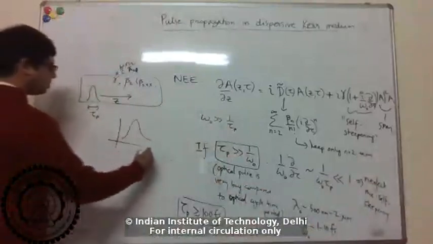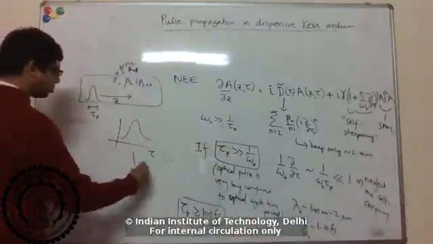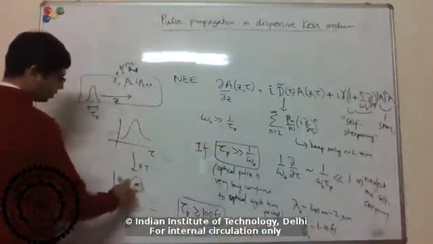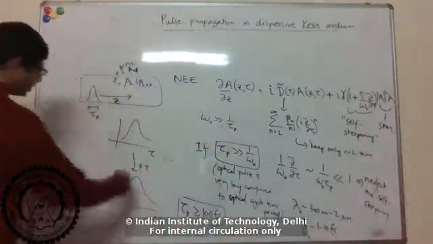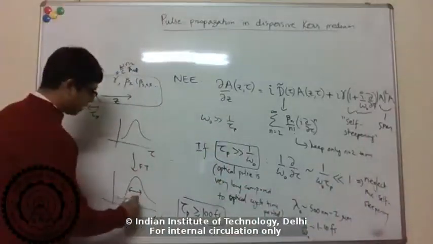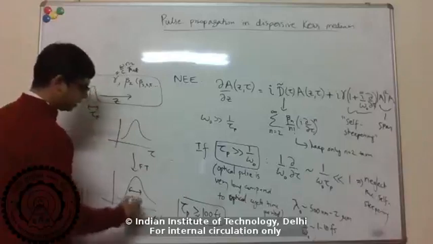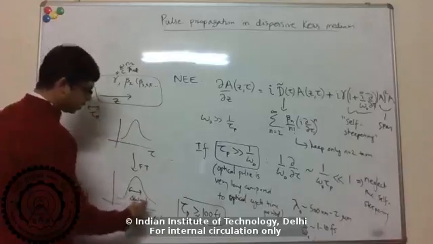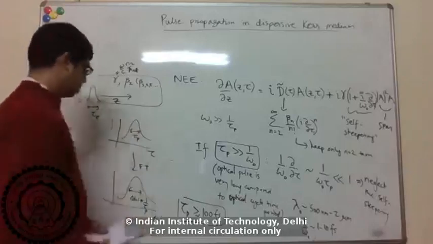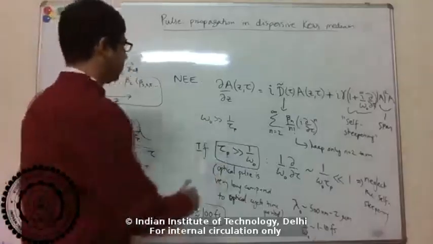Remember, if we had a pulse in time and took the Fourier transform, we got a pulse in frequency with a bandwidth, and that bandwidth was proportional to 1 over tau p, where tau p is the width in time.